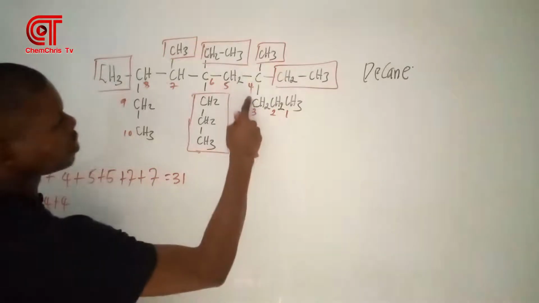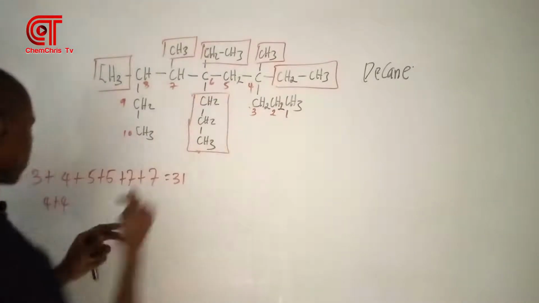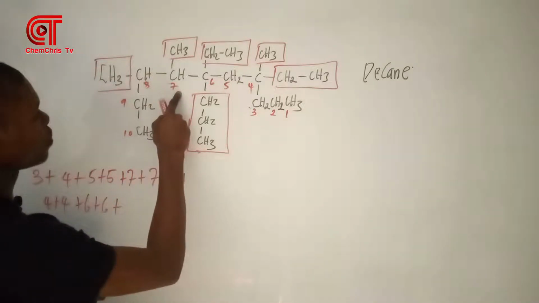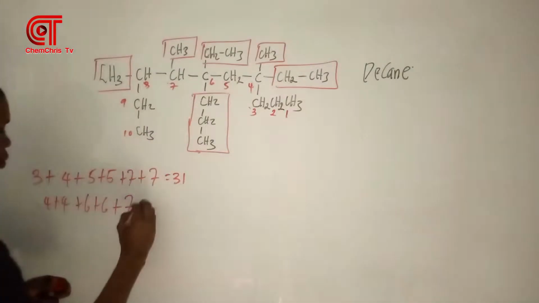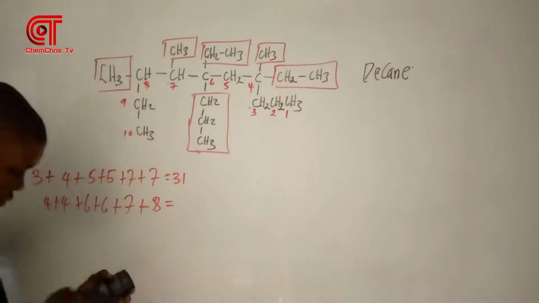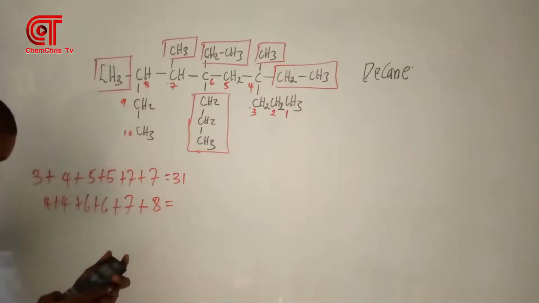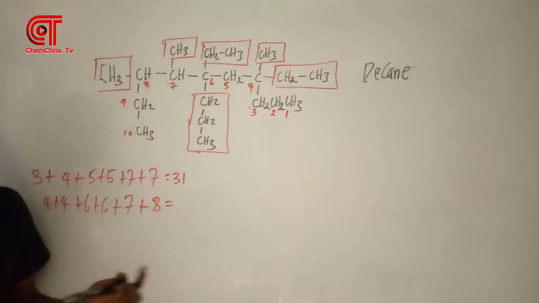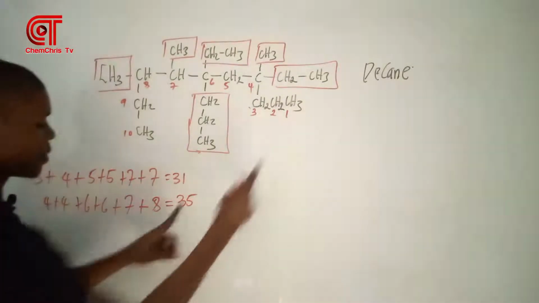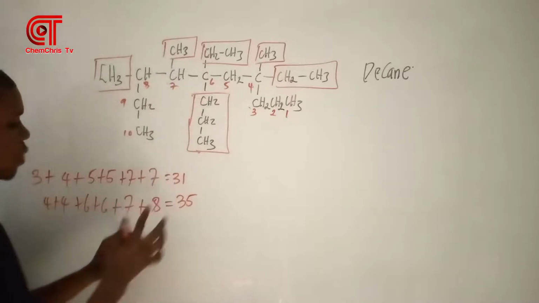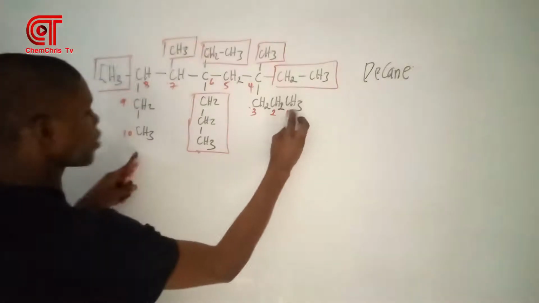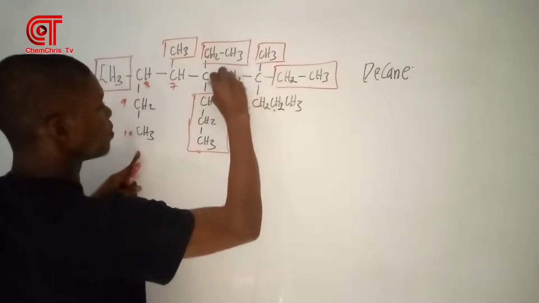Then I count about 5, I count about 6, I have 2 substituents, plus 6 plus 6, plus 7, I have substituents, plus 7, plus 8. So now let's sum the positions first. That was 35. So starting from here gives me 35, starting from here gives me 31. So 31 is the lowest possible number. So my right numbering will be the one that starts from this point here.